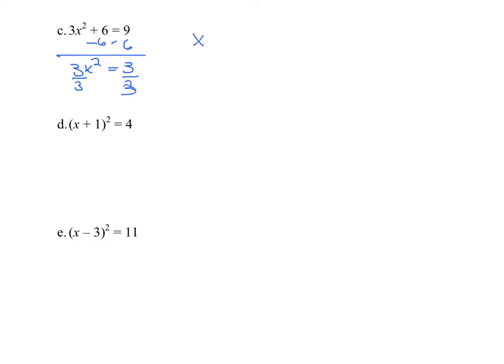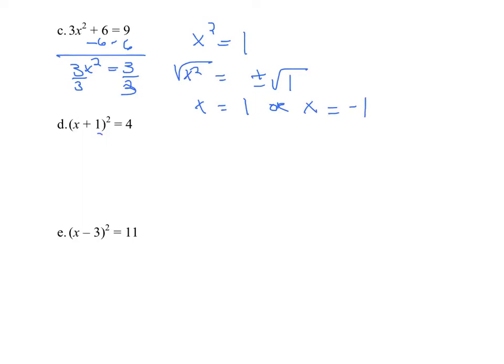So x squared is equal to 1. Perfect. So I'm going to take the square root of both sides. And then on the constant side, you say plus or minus the square root of whatever that is. So x is equal to 1, because the square root of 1 is 1, or x is equal to negative 1. Good?